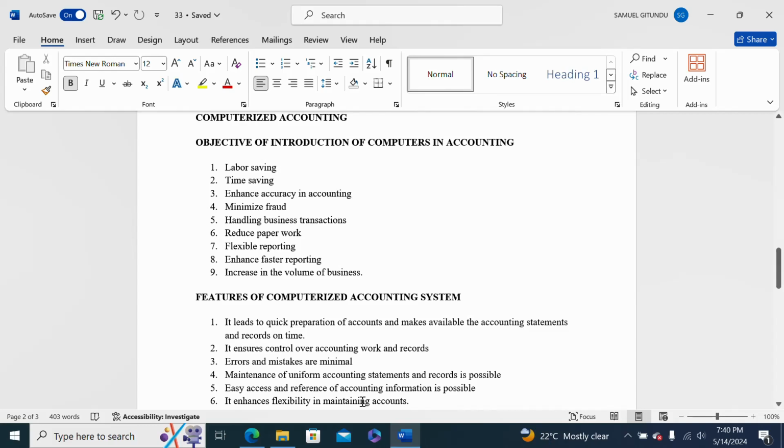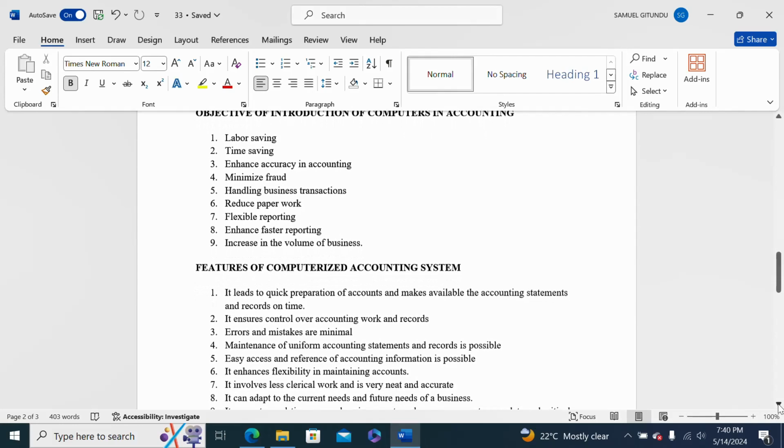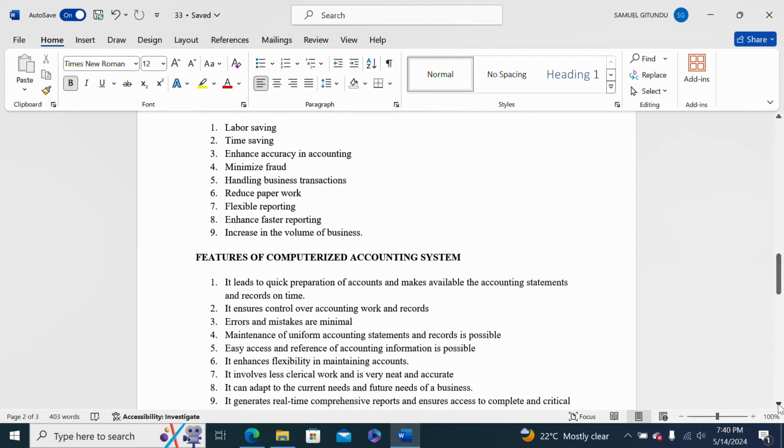Then they enhance flexibility in maintaining accounts. So computerized accounting systems are very flexible. And then they involve less clerical work and they are very neat and accurate.